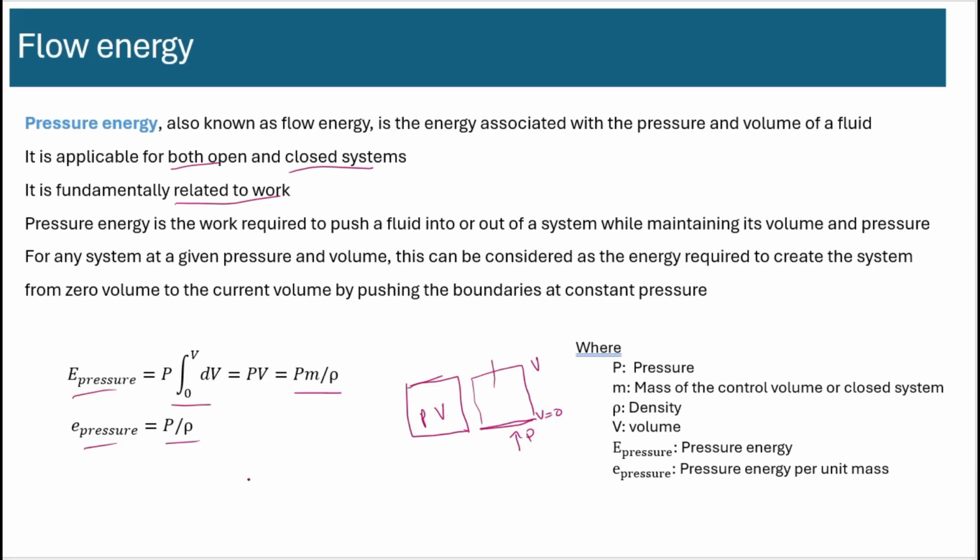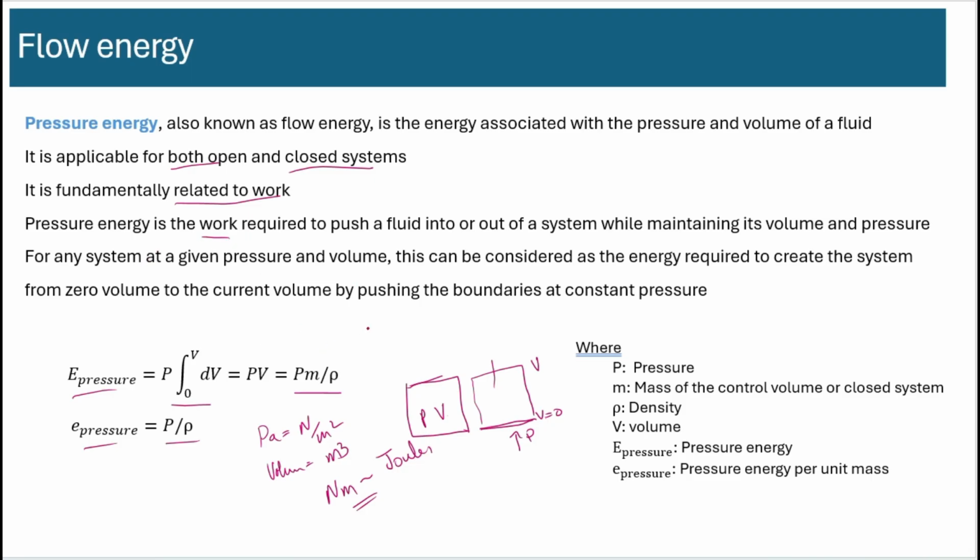Now you might be confused here, but you can think of this from another way. You know, the unit of pressure is Pascal or Newton per meter square. Okay, and the unit of volume is meter cube, right? So when you multiply these two, you get Newton meter, which is similar to the unit of joules. So there's one way to remember that pressure times volume is somehow related to energy, okay? And primarily it's related to work done.